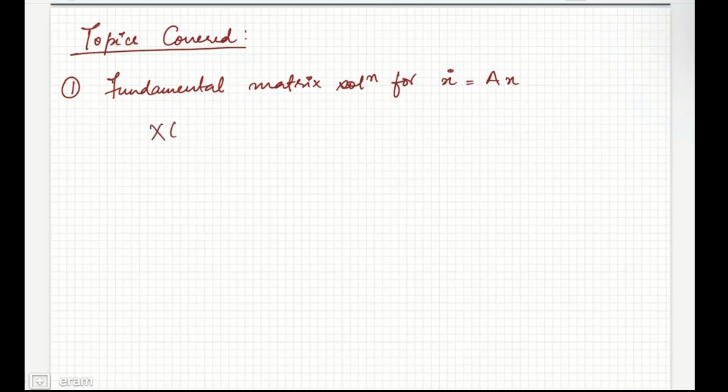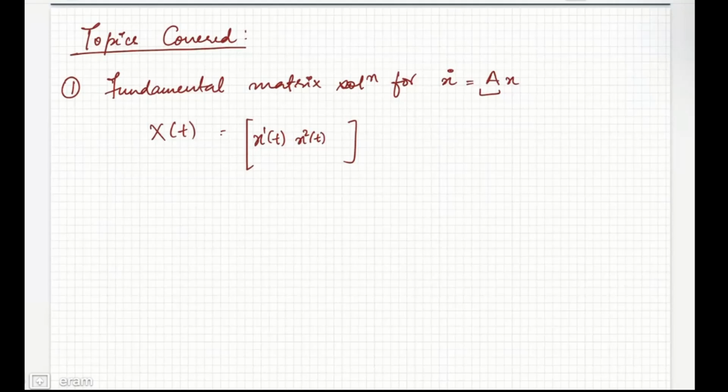If you need to find the fundamental matrix solution X(t), you need to find the eigenvalues of A, then find the basis solutions, and then cascade them as column vectors.